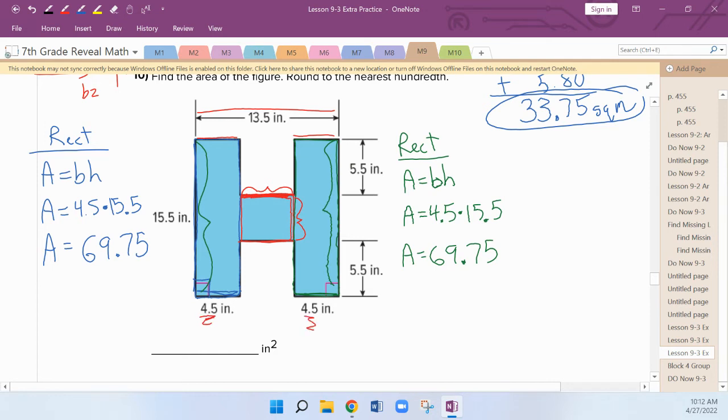So if we look at all the horizontal lines here, we can usually come to a conclusion about the missing one. So I'm going to do 13.5 minus the 4.5 minus the 4.5, and that will give me this guy here. 13.5 minus 4.5 minus 4.5 equals, oh wow, so that's 4.5 as well.